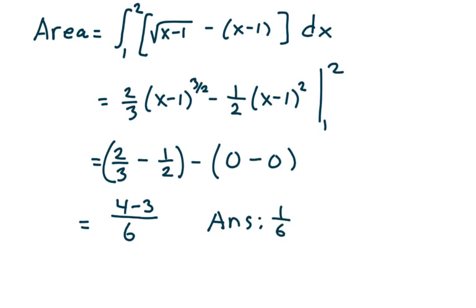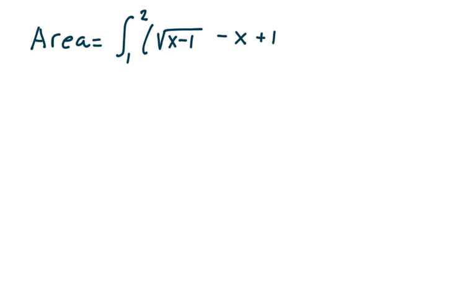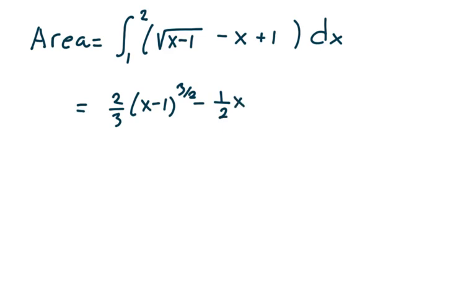Now, if we don't like that, you could always do this. So the area is the integral from 1 to 2 of the square root of x minus 1 minus x plus 1 dx. So this is 2/3 of x minus 1 to the 3 halves minus 1/2 x squared plus x from 1 to 2.